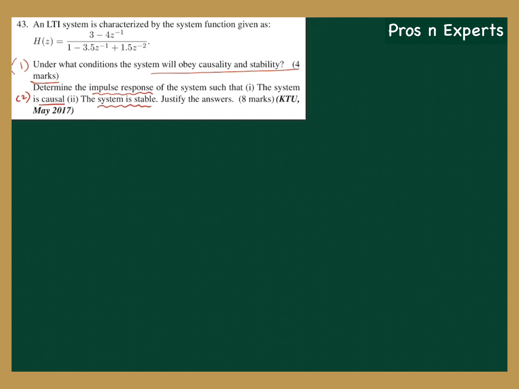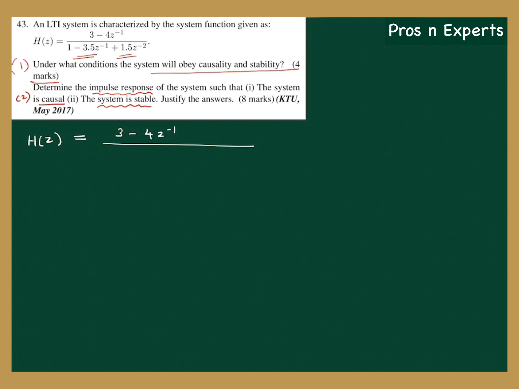So we are given H(z) equal to (3 minus 4z^-1) divided by (1 minus 3.5z^-1 plus 1.5z^-2). Let's try to factorize the denominator, keeping the numerator as such. We have to take two numbers whose sum is minus 3.5 and product is 1.5.